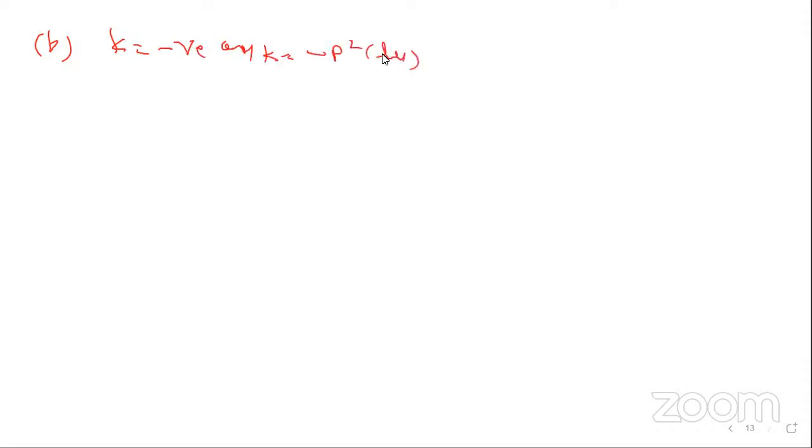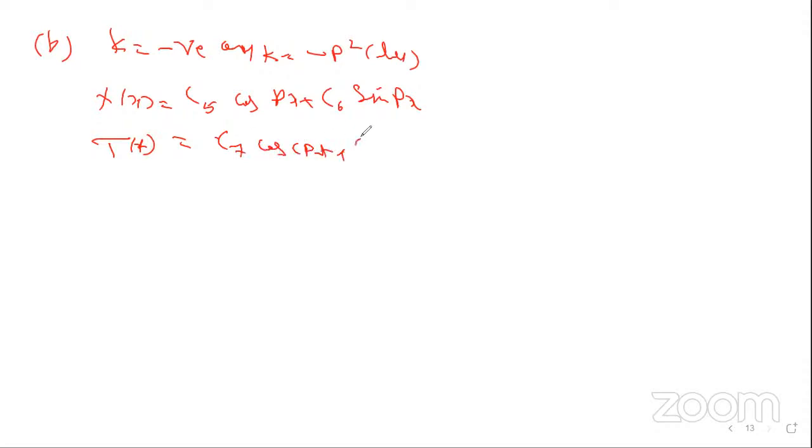Then the solutions are X of x equal to C5 cos px plus C6 sin px, and T of t equal to C7 cos cpt plus C8 sin cpt. These two are considered equation number 6.